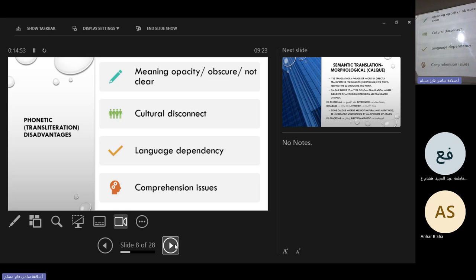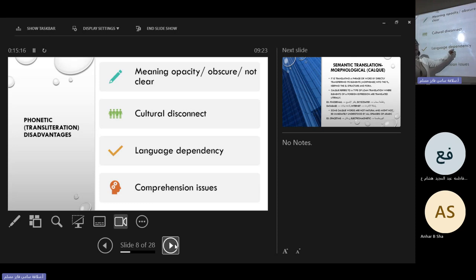We're not giving it a meaning. There is a cultural disconnect between the original meaning known in English and what we transliterate in Arabic, because there is opacity, obscurity in the meaning.